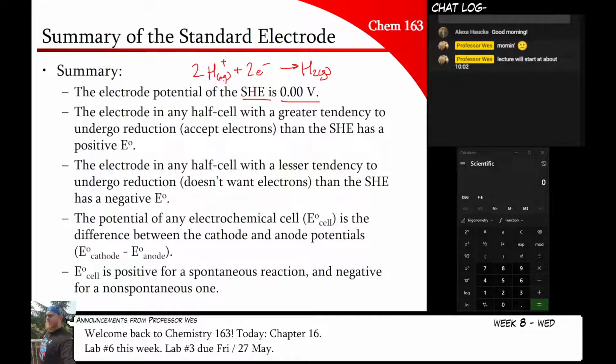If the electrode has a tendency to give away its electrons as opposed to accept them, then its E cell will be negative relative to the SHE. And to figure out E cell for any pair of half cells, the formula is E cathode minus E anode. Positive E's are spontaneous, negatives are non-spontaneous.